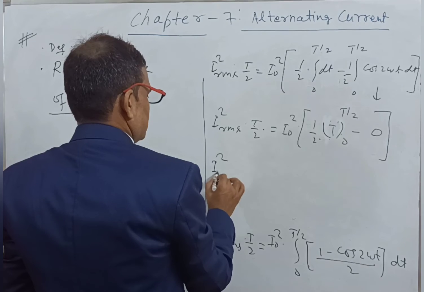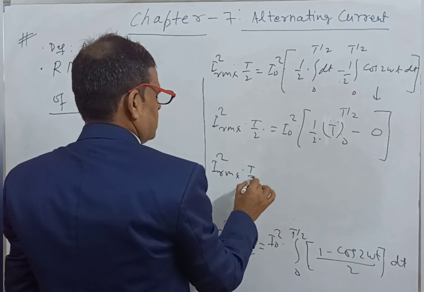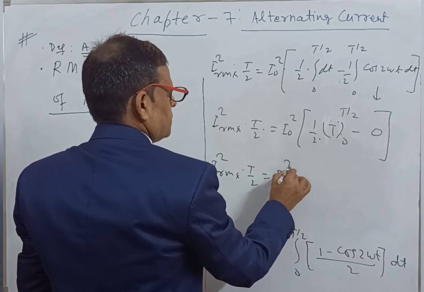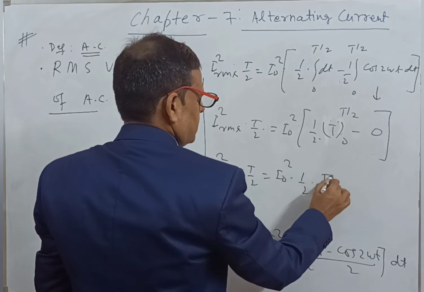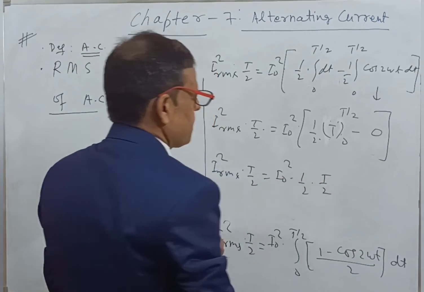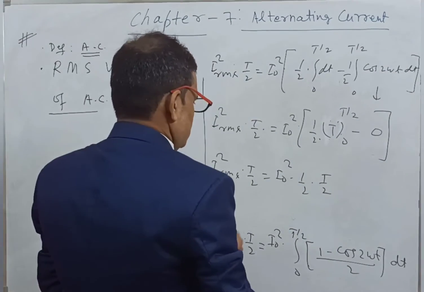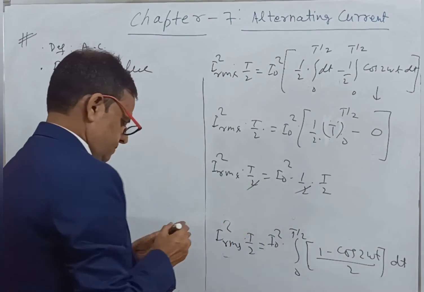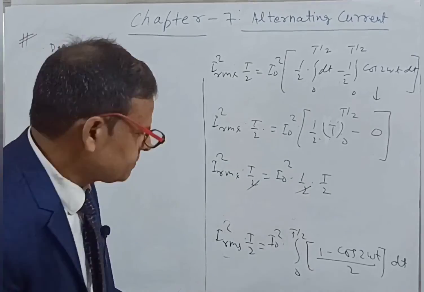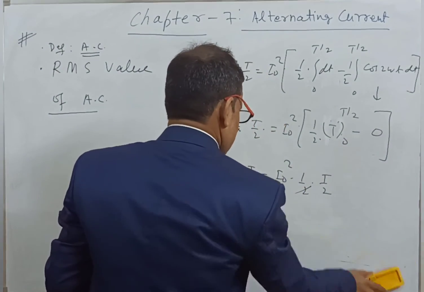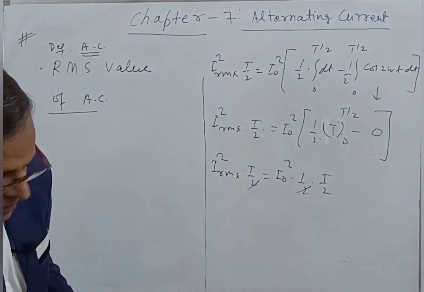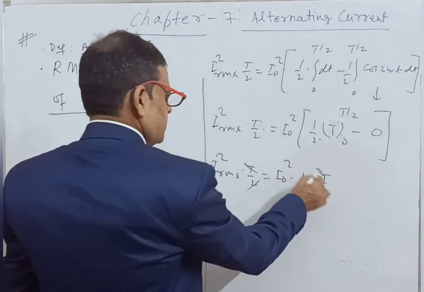So I RMS square T by 2 is equal to I naught square 1 by 2 times T by 2. Now 2 cancels, and T again cancels.